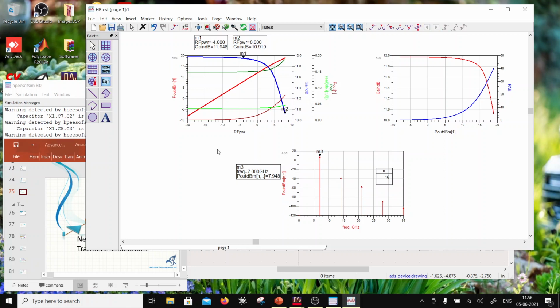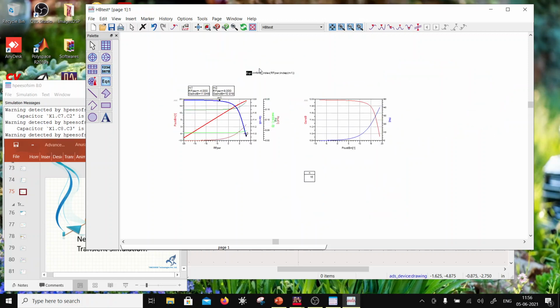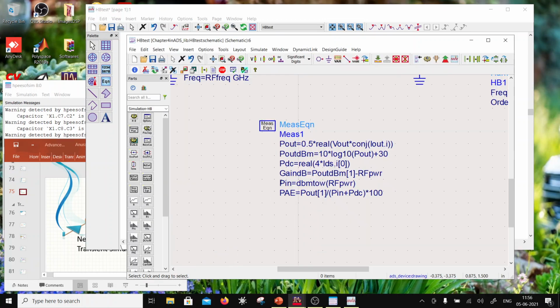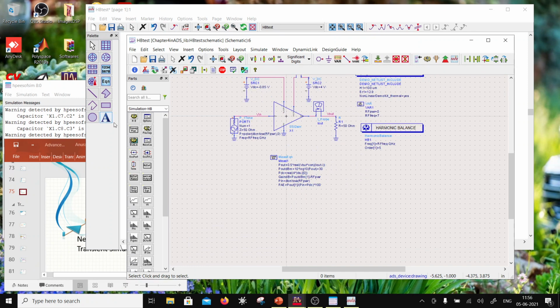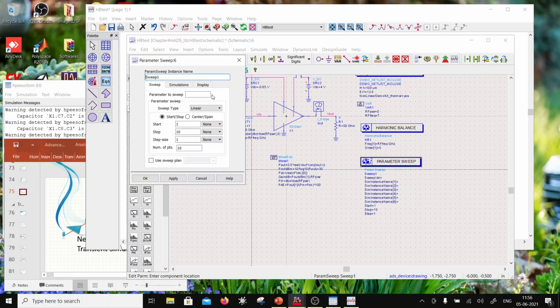The other thing I want to do is, I'll get rid of this spectrum stuff, because if I do a frequency sweep, then it will not know the index. So another thing is I can do a frequency sweep. So I can go here into parameter sweep, and here I can sweep the frequency RF FREQ, and mind you that the frequency is a pure number here, right?